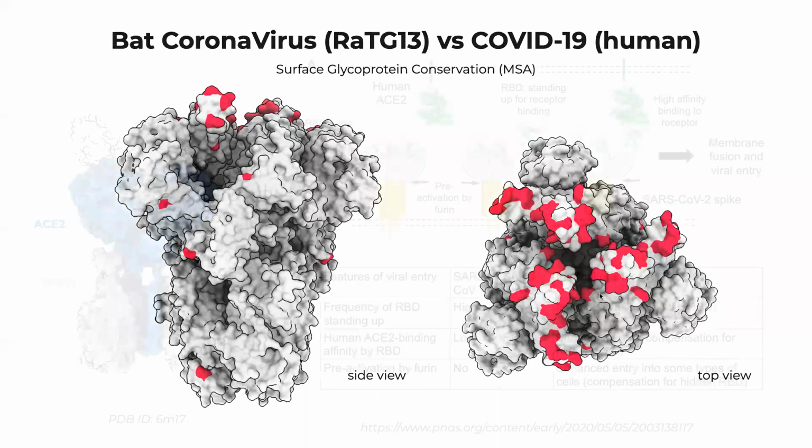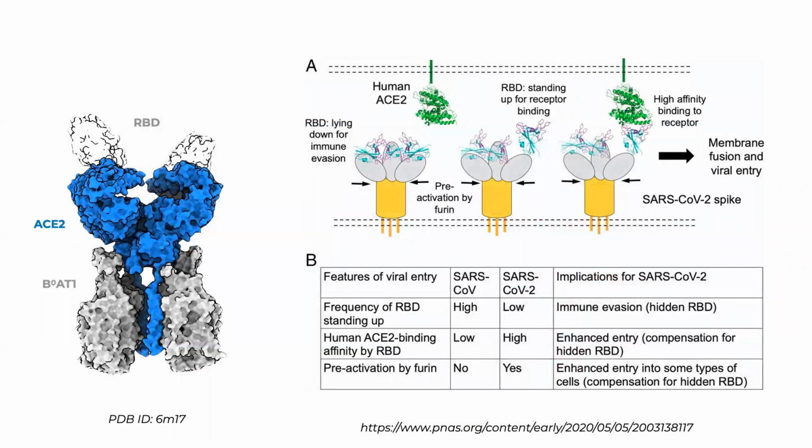First of all, just to give us a general biological background, this is the ACE2 receptor, and there's a specific structure that we can find on the Protein Data Bank, 6M17. This 6M17 is a structure that has both the ACE2 receptor, which is just this blue portion, the B0AT1 receptor, which is these two gray portions, and then it also has the receptor binding domain, the part of the spike glycoprotein that was actually taken together in this model.